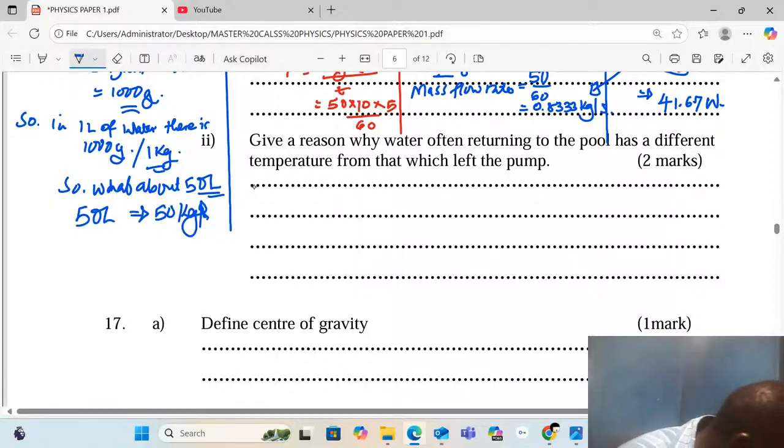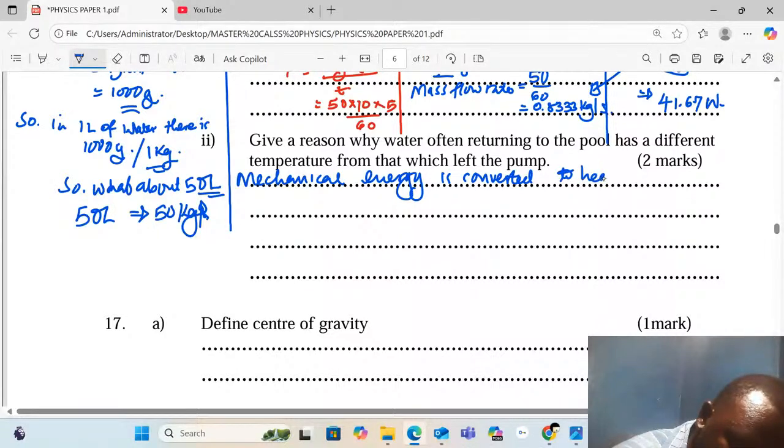So I can say, in summary, mechanical energy is converted to heat, that is from the friction in the pump and in pipes.